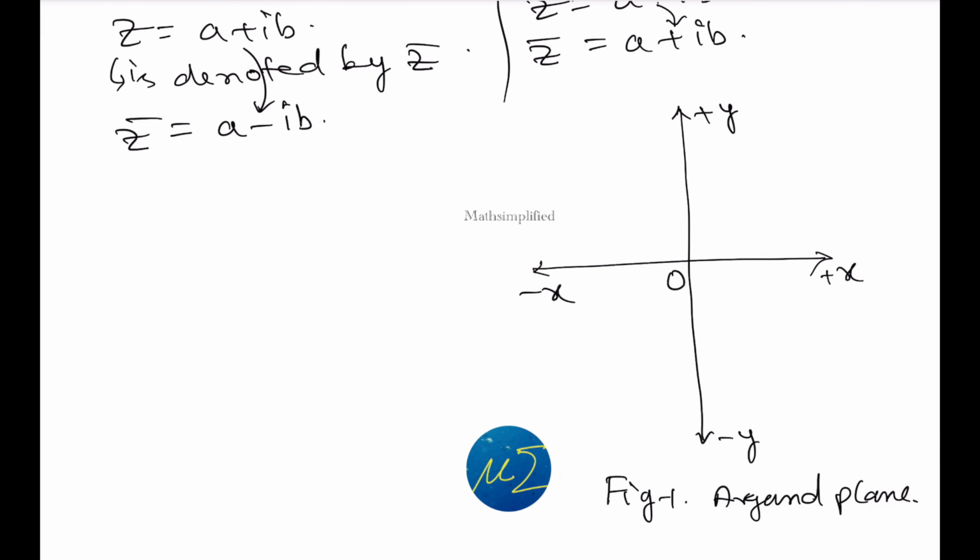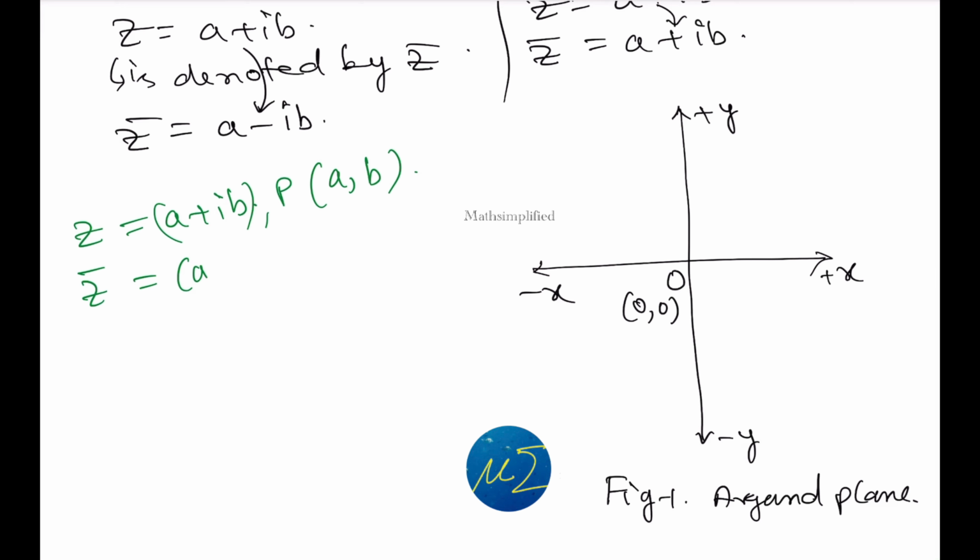This is the origin O whose coordinate is 0, 0. Now I will take the complex number z equals a plus ib. Its complex point is P and its coordinate will be a comma b. Its conjugate z bar equals a minus ib, so its conjugate point is Q and its coordinate will be a comma minus b.